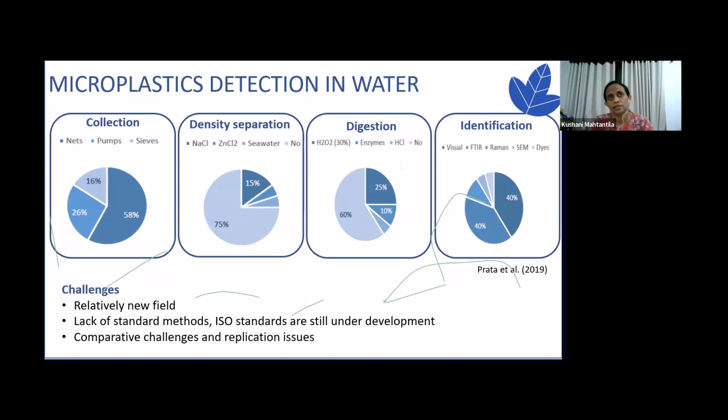They have used different methods, different quality control measures, so the data cannot be compared. There are some replication issues and quality control issues as well. So there's a huge need of a standard method for the microplastic analysis in water systems or any other matrix.